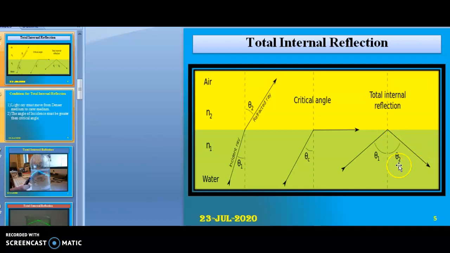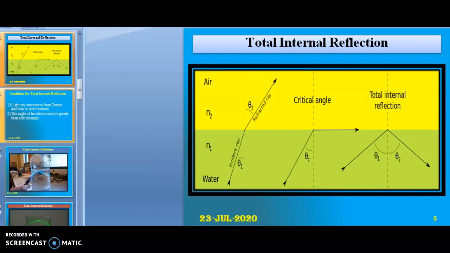So, this phenomenon is known as total internal reflection. This phenomenon is used as the working principle in optical fibers.